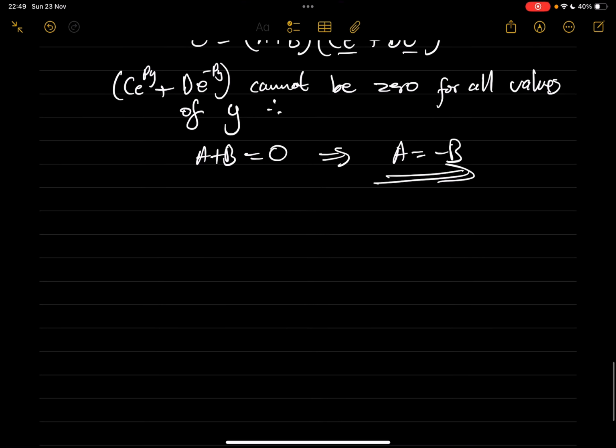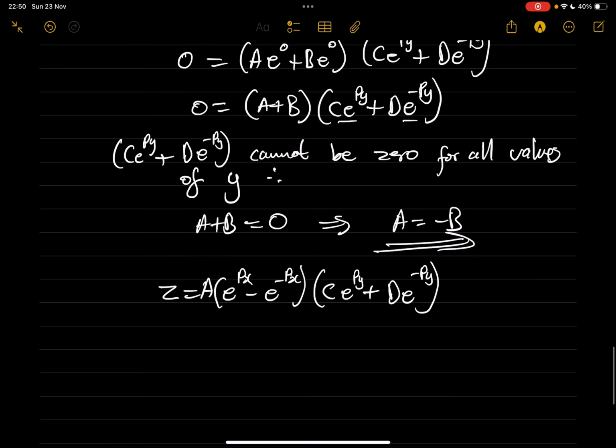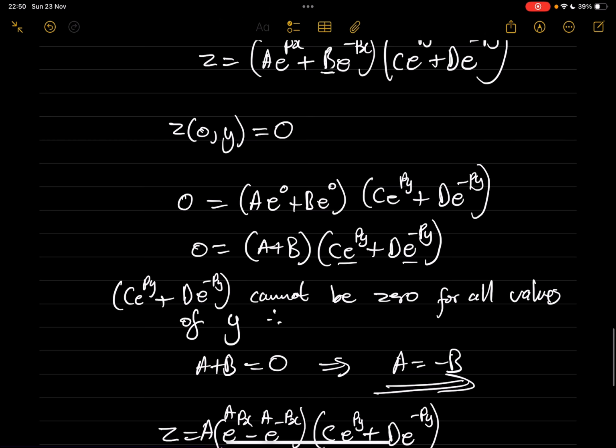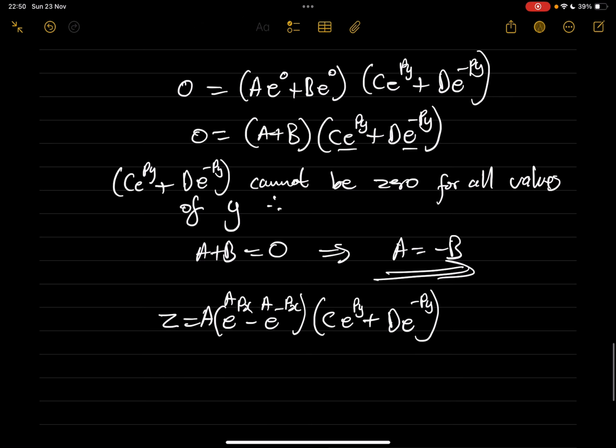So we can rewrite that one as z is equal to a(e^(px) minus e^(-px)) times (c e^(py) plus d e^(-py)). So what did I do here? This was a, this was minus a, because I substituted here. Where there was b, I substituted with minus a using this equation.